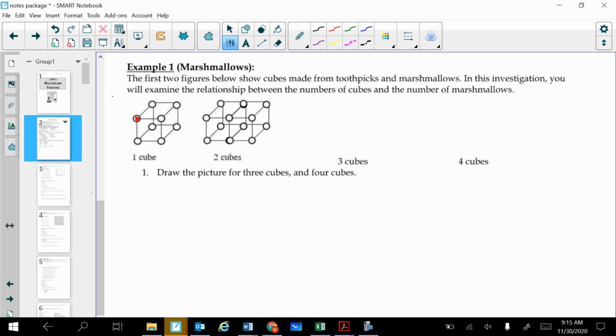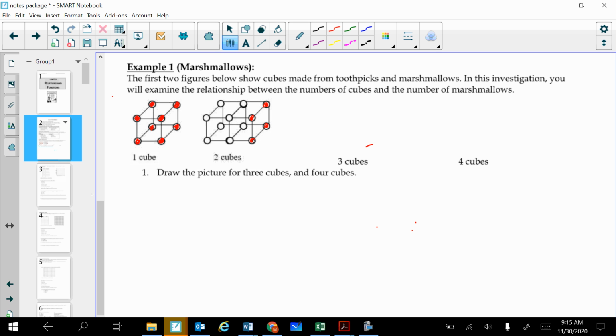I've got 1, 2, 3, 4, 5, 6, 7, 8. In the next picture, I have my 8 that I had originally plus 4 more: 1, 2, 3, 4. Which is going to give us 12.